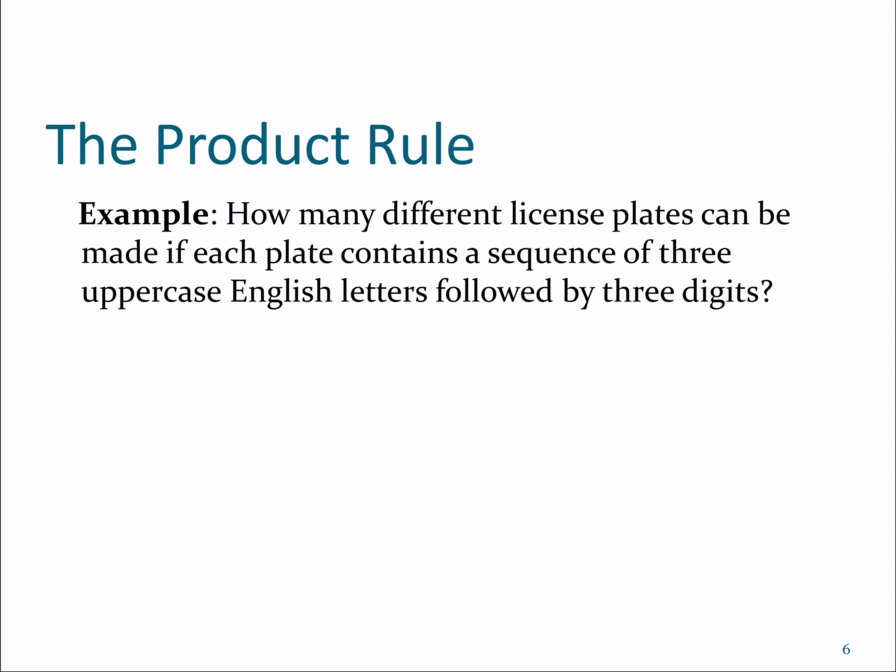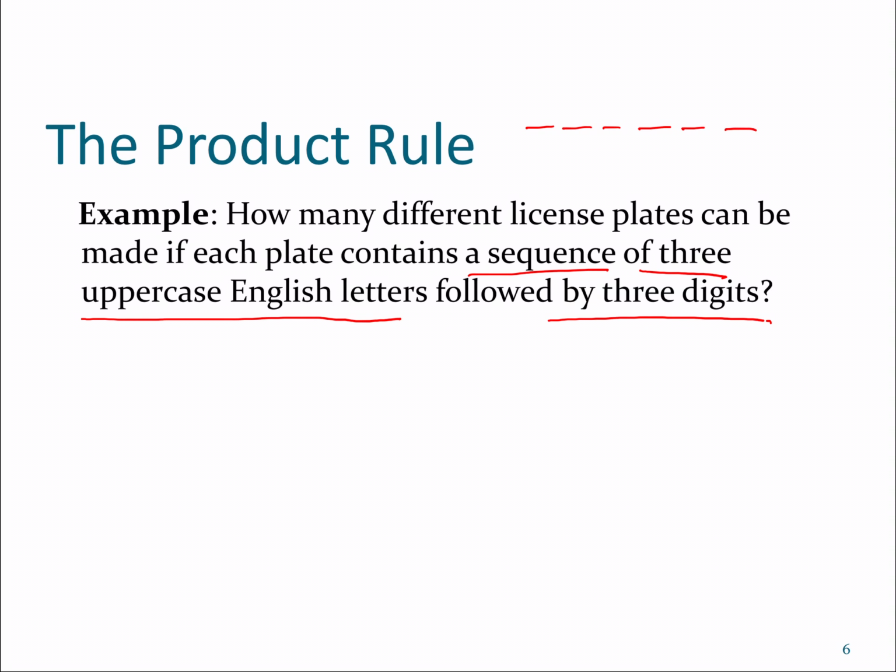Another example, also using the product rule. How many different license plates can be made if each plate contains a sequence of 3 uppercase English letters followed by 3 digits? So in here you can see the task can be thought of as 6 positions.